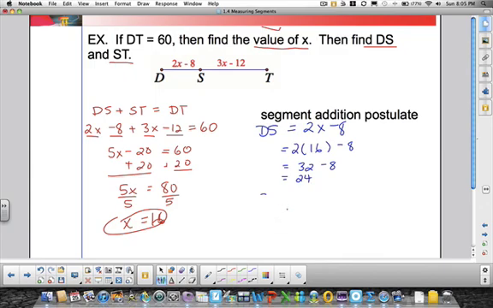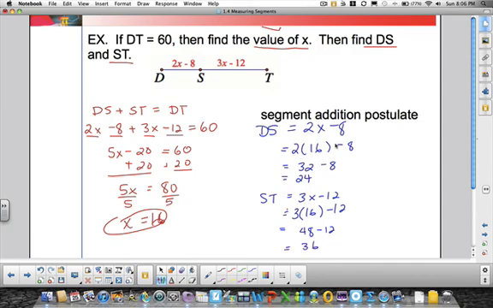Now let's look for the length of ST. The length of ST is 3x minus 12. So let's plug in our value of 16 here. So 3 times 16 minus 12. So 3 times 16 is 48. 48 minus 12 is 36.